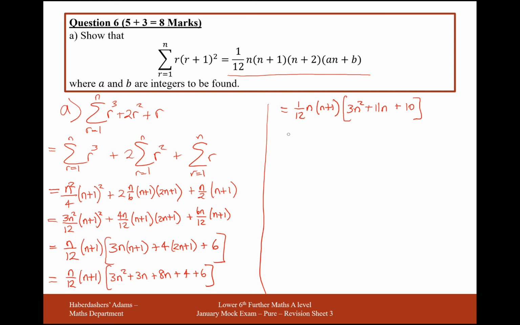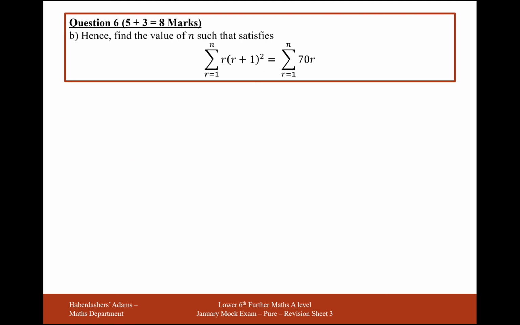Yeah, so let's do 1 over 12 n plus 1, and then factorizing this quadratic here, we're going to get an n plus 2. I suppose the clue is in our answer here, and the remainder here is going to be 3n plus 5. Let's just check the 11. Yep, that works. Okay, so here a is the value 3, b is the value 5. Excellent. Okay, so that's part A done.